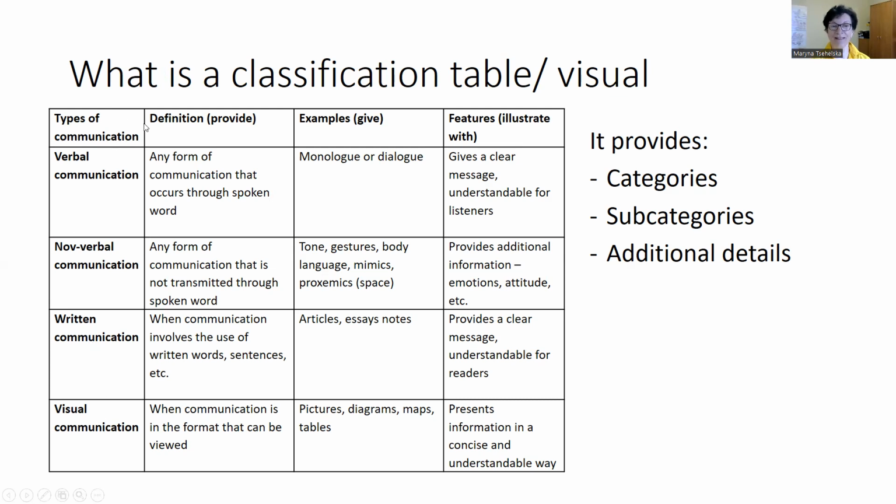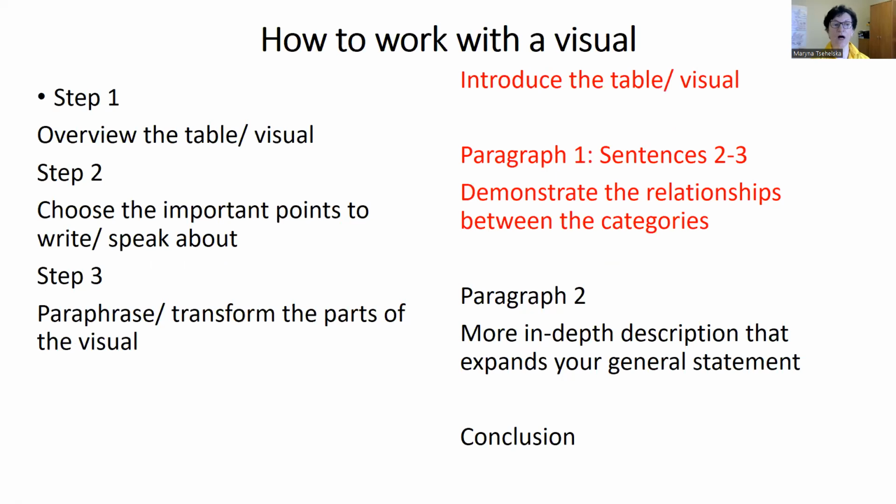It provides the definitions, it gives the examples, and it illustrates the examples and definitions with the specific features of the types of communication. So if we look at this table, we will see that it provides categories, subcategories, and additional details.